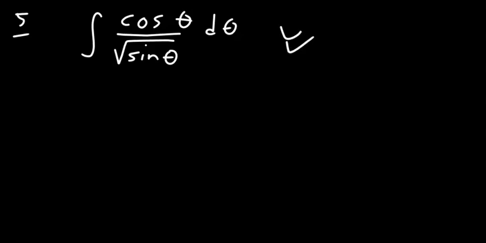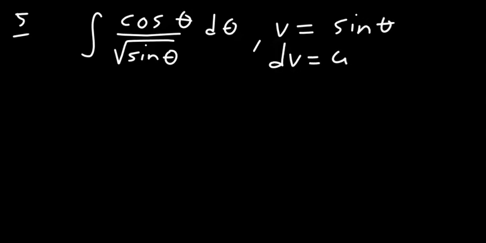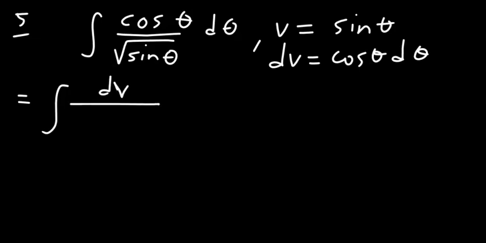Next, let's look at this integral. We see that the power of cosine is odd, namely 1. So let's use the following substitution. V equals sine theta. So dv is cosine theta d theta. So the above integral will become dv over the square root of sine, which is just the square root of v.